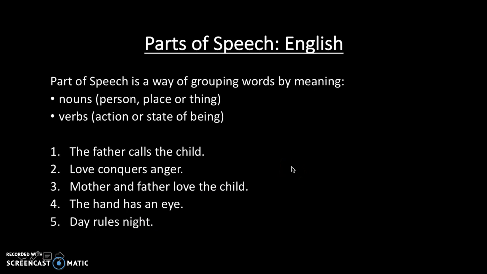For the verbs, we have calls, conquers, love, has, and rules. Interesting here, in sentence number 2, love is a noun, and in sentence number 3, love is a verb. Latin does the same thing. It'll have oftentimes words that can be both a noun or a verb depending on how it's being used.